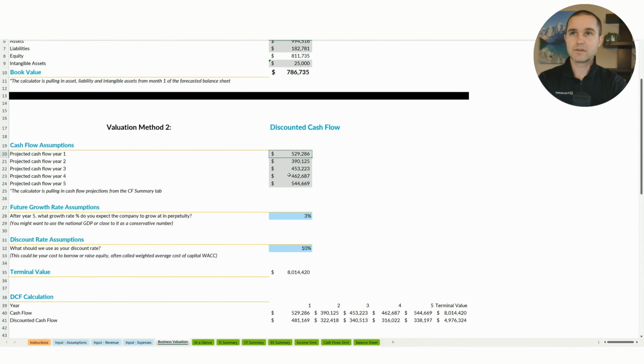So let's say we think we'll make a profit of 34,000 on this inventory in year 1, 33,000 in year 2, 33,000 in year 3, and then 0 for the rest of these years. And we're going to have 0 growth rate because we sold all the inventory, and we're going to use a discount rate of 10%. Okay.